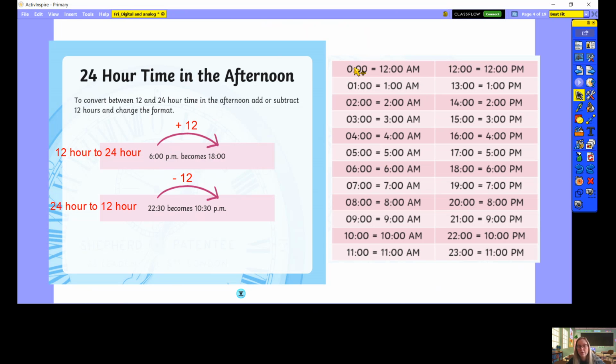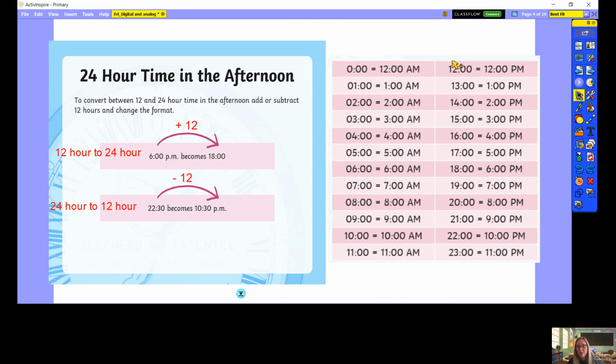This table shows you the conversions between the 12-hour clock and the 24-hour clock and how they would be written as a digital time. So 12 o'clock at night would be written as 0:00, and on a 24-hour clock and a 12-hour clock, the times are down here.